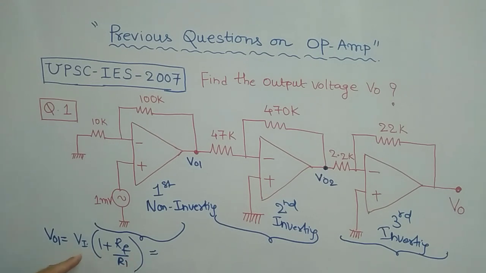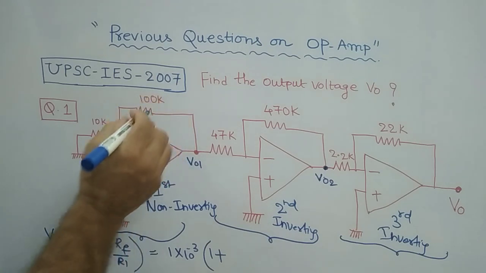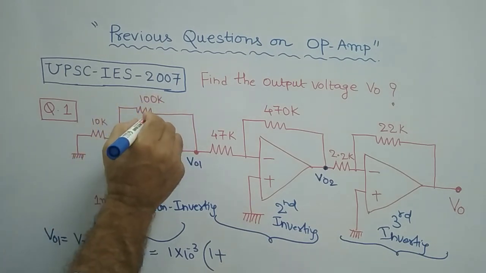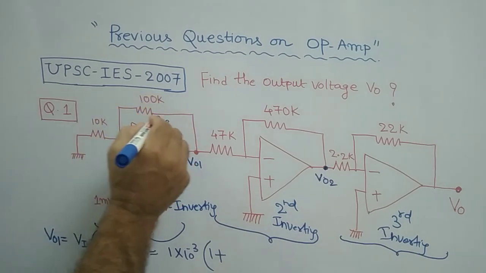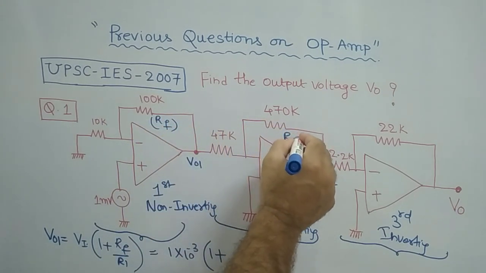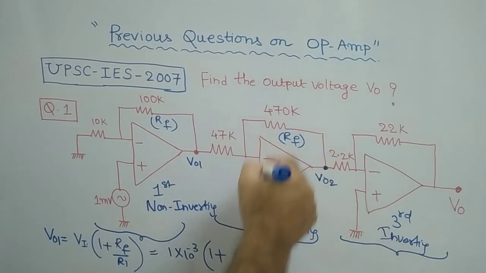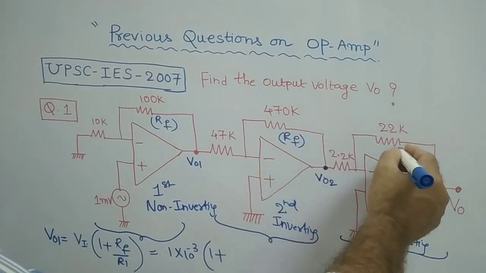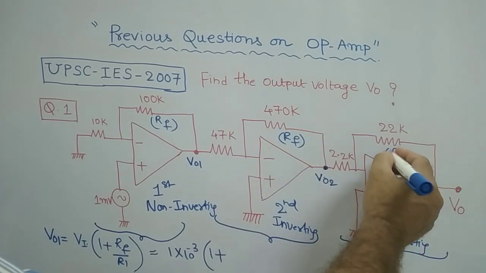Vi is 1 millivolt, so 1 into 10 power minus 3 into 1 plus Rf, where Rf is the 100 kilo ohm resistor. Wherever it is, all are Rf only: here 470 can be considered as Rf for the second stage, and similarly 22 is the Rf for the third stage.